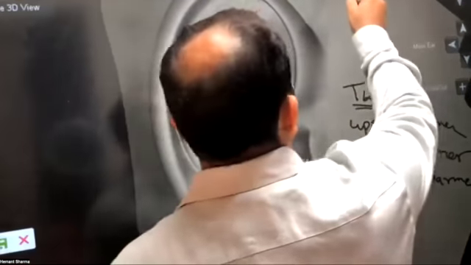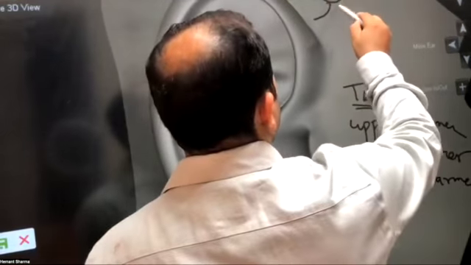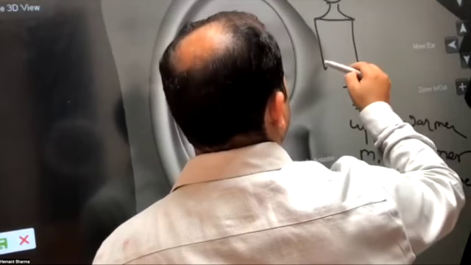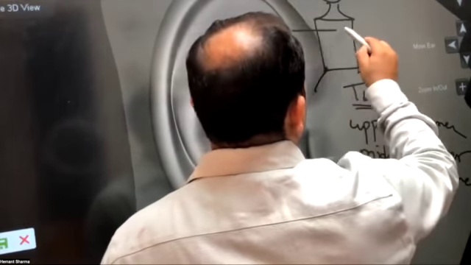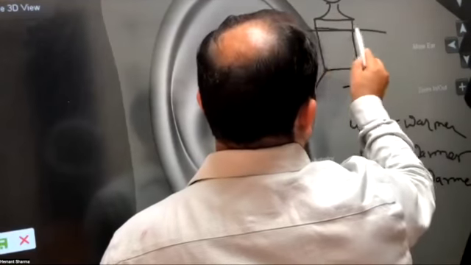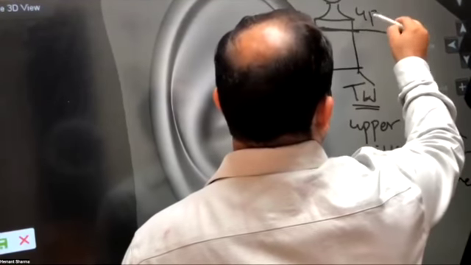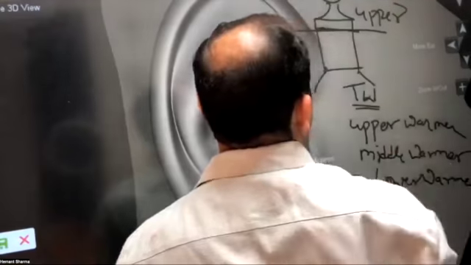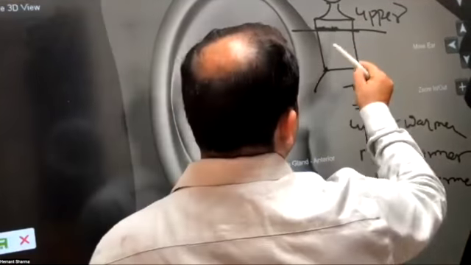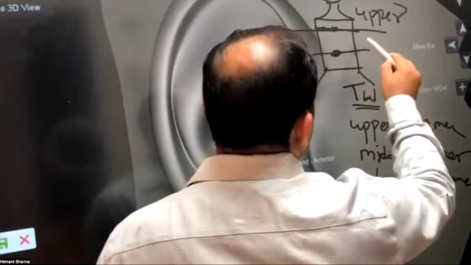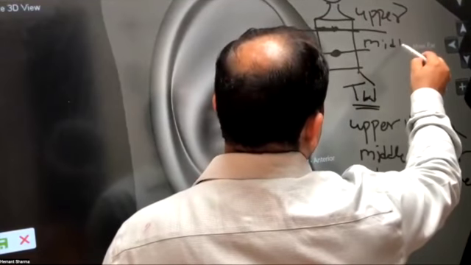So if we see the human body, the upper warmer means till the chest cavity. This whole upper part is the upper warmer. The middle warmer means chest to navel.